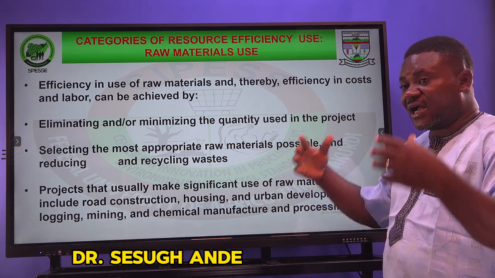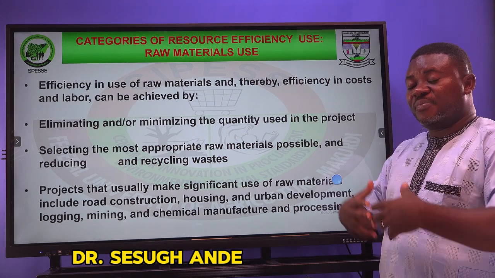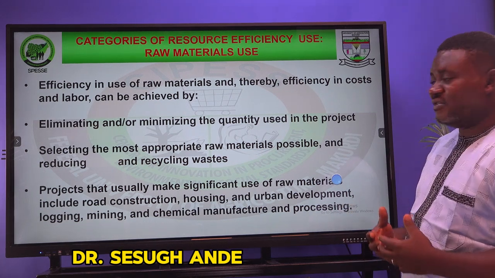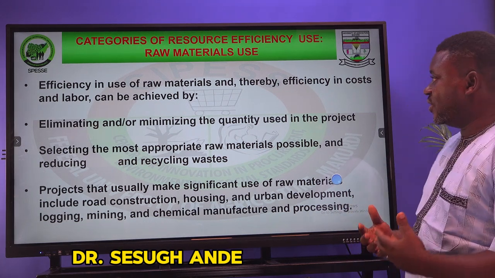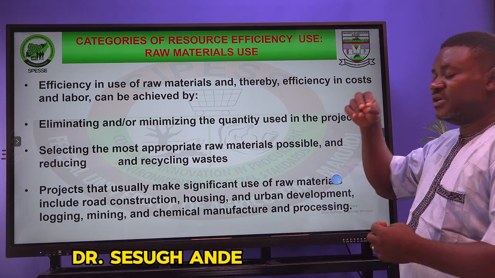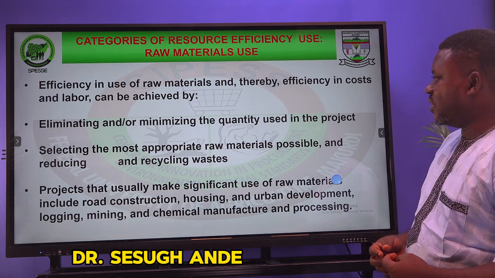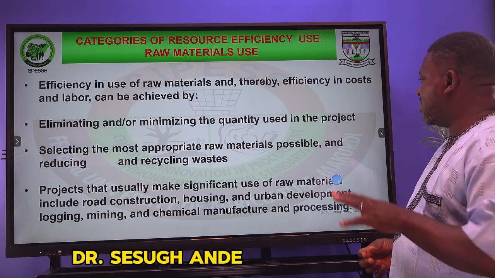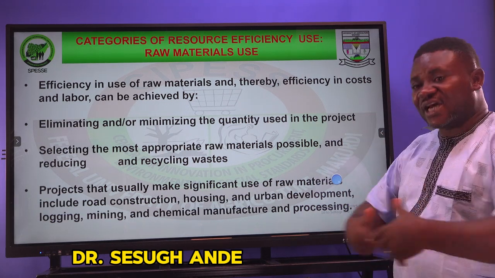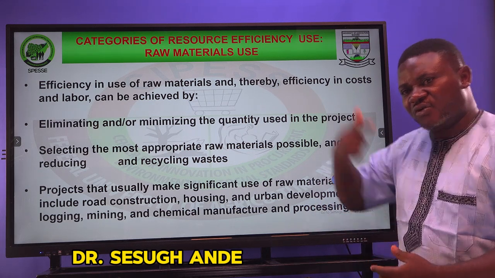So if you are carrying out a project and you see that the raw materials you are going to use will impact on the environment, or they will not be sustainable, then you have to find a way of minimizing the quantity that you are going to use, and so on. Selecting the most appropriate raw materials possible and reducing and recycling the waste. You could recycle to be able to get the raw material instead of going for new ones.